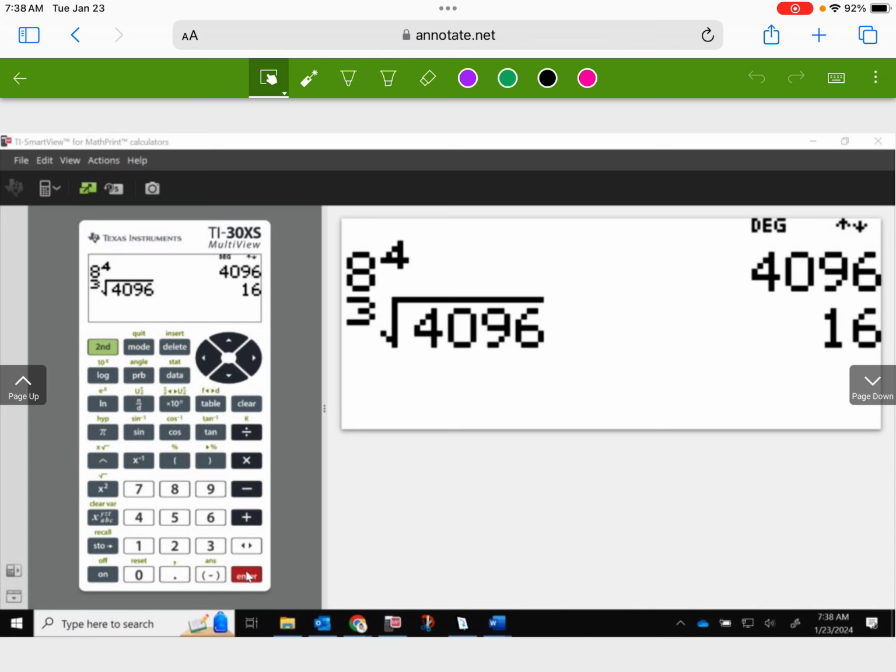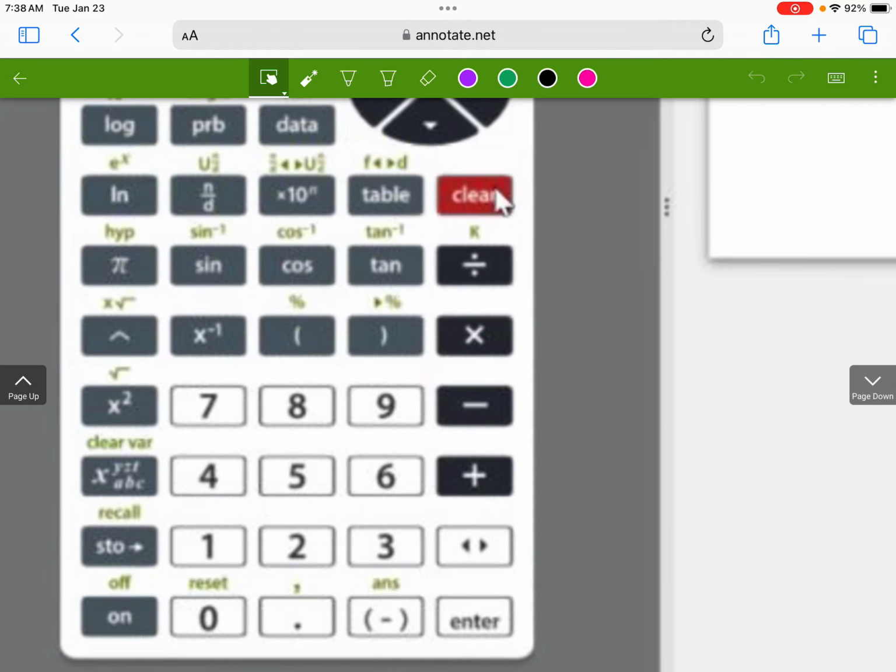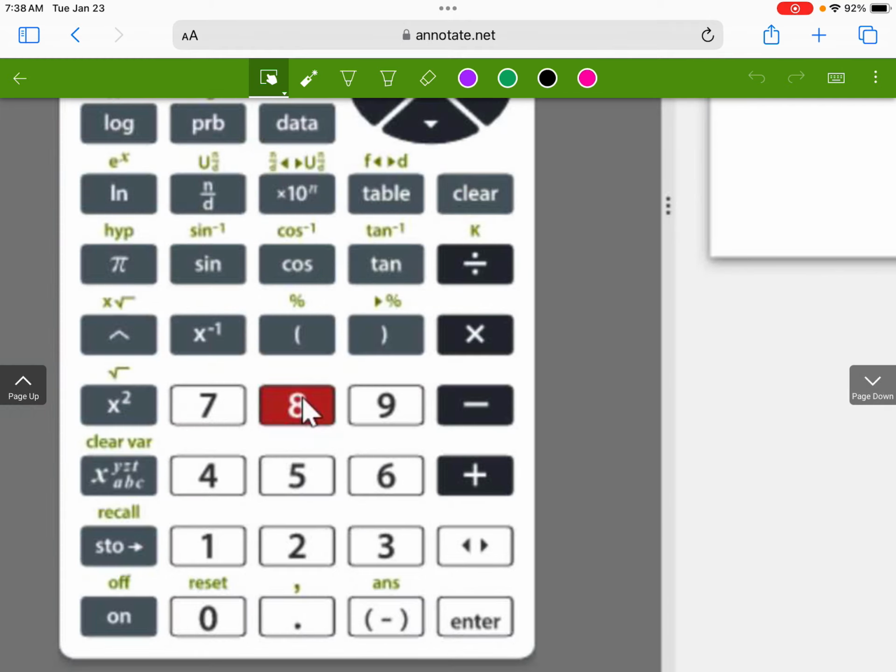All right, so our easy way to do this is if I want to do 8 to the 4th thirds. That's not the button I wanted. We can put in our base of 8. We can hit our any exponent button. And then we're going to hit the fraction button. And we can put in the whole thing, 8 to the 4/3.